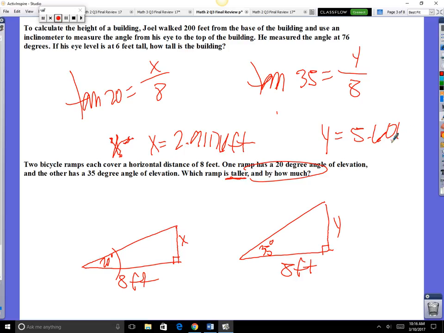So if I subtract them, the big one minus the small one, the difference is 2.68989 taller.